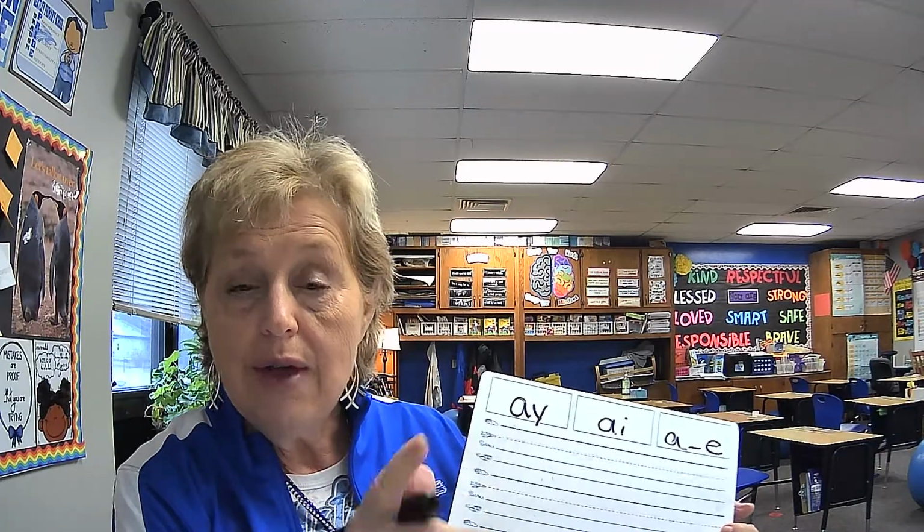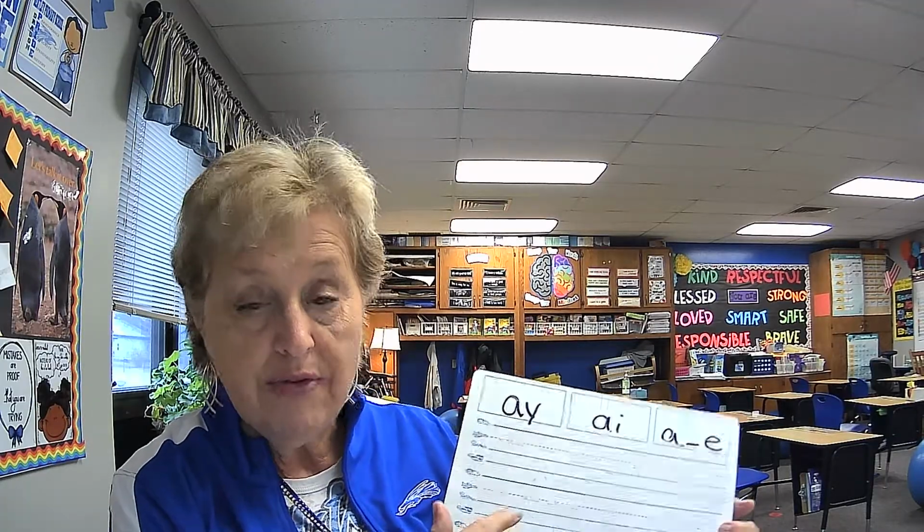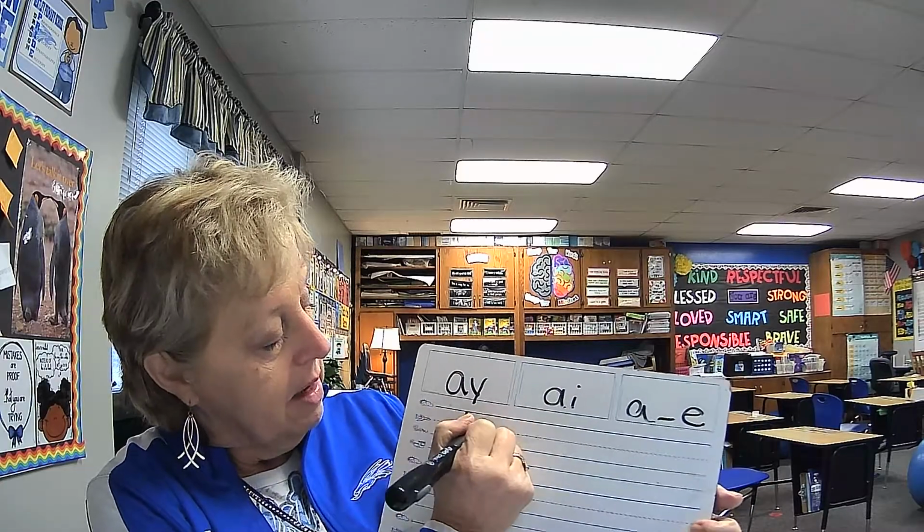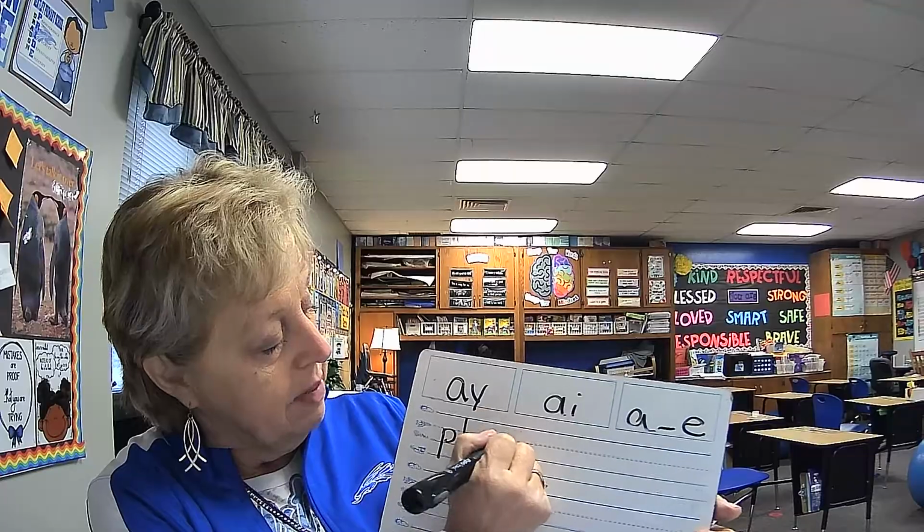Okay, here's the next word. Echo me. Plain. Now there are two ways to spell the word plain, which mixes it up even more. So you have to know the meaning. This is called a homophone. We have the word plain, P-L-A-I-N, plain.